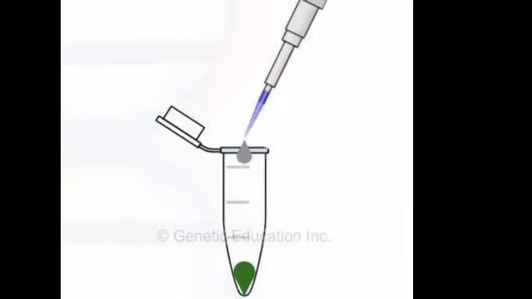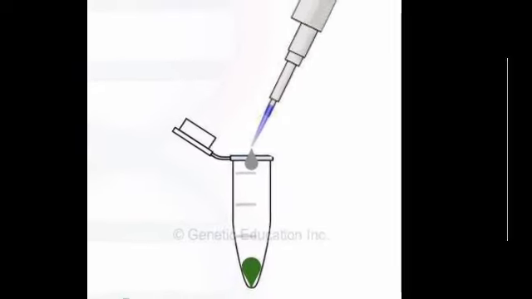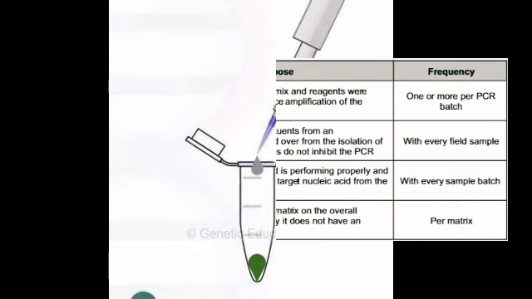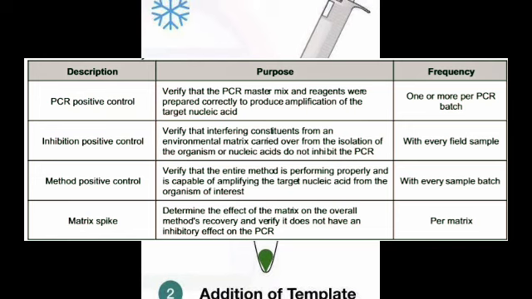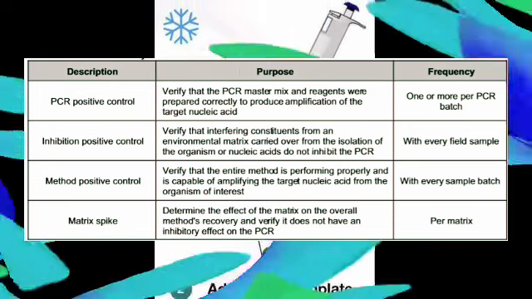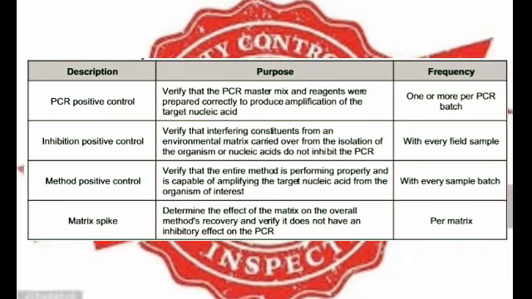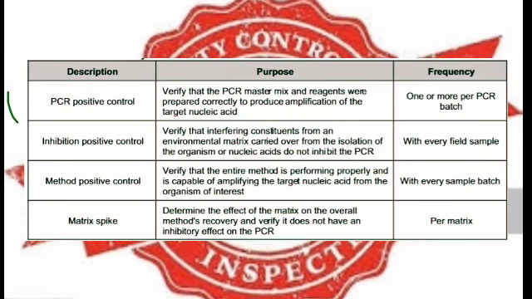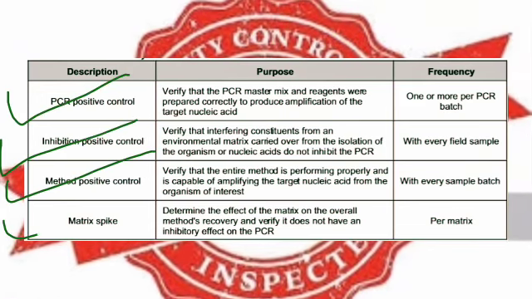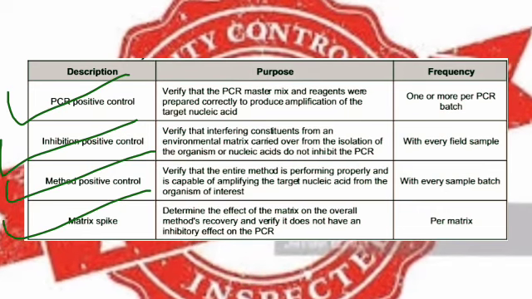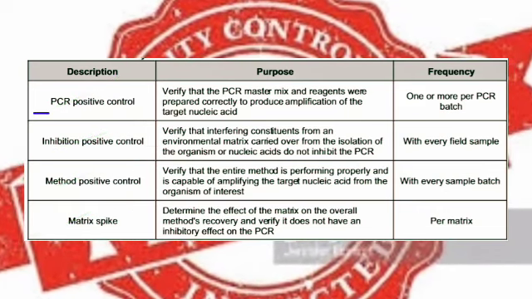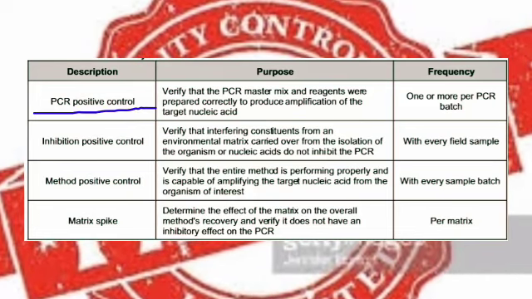A summary of recommended positive control samples is provided here. So now we will see what are the types of positive controls that can be used in PCR analysis. So first of all is PCR positive control.